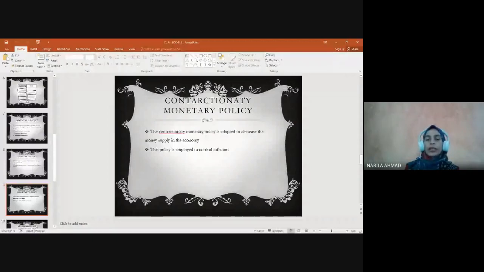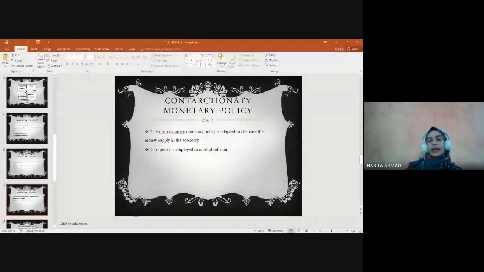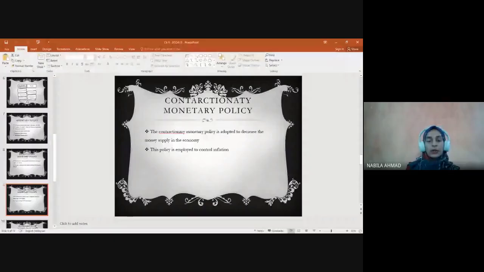Jadi during inflation, money supply banyak dalam ekonomi. Jadi nak kurangkan money supply, kerajaan akan impose contractionary monetary policy. Okay, kalau during recession atau unemployment, money supply tu terlalu sikit dalam ekonomi, jadi nak tambah money supply, government akan adopt expansionary monetary policy.